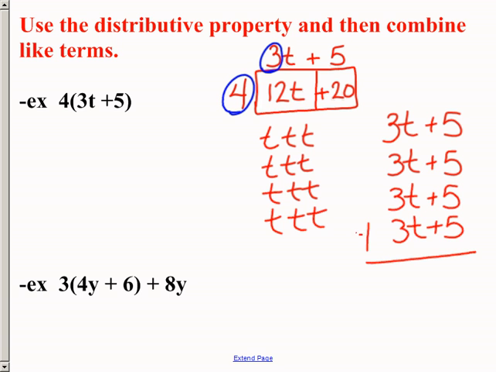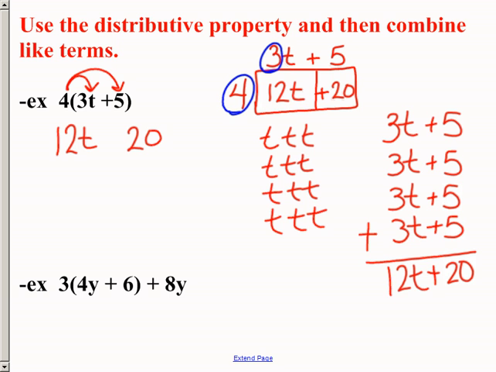When I put that all together, I have 12 t's plus 20. So you can look at it that way. And then remember, you can also look at it and say, once you understand where the concept's coming from, 4 times 3t is 12t, 4 times 5 is 20, and don't forget to bring your addition symbol down.